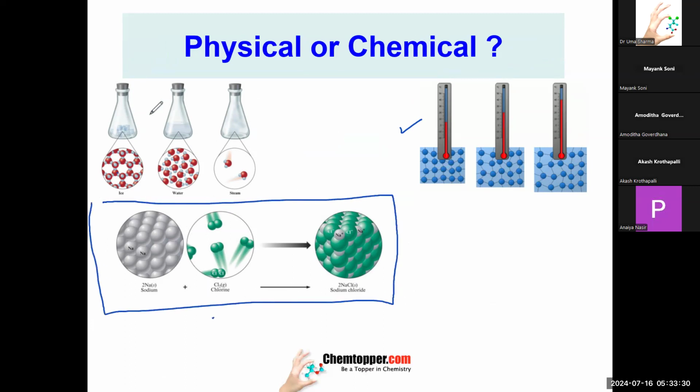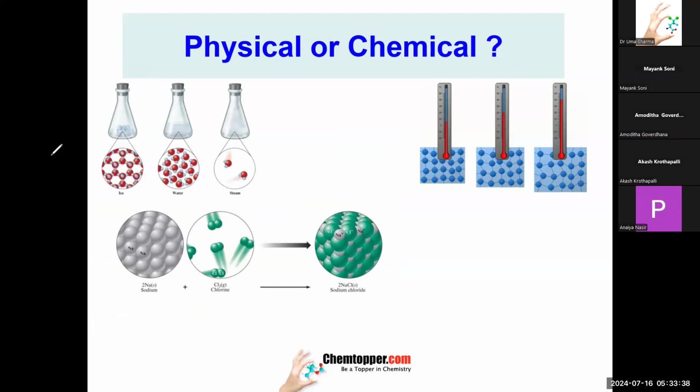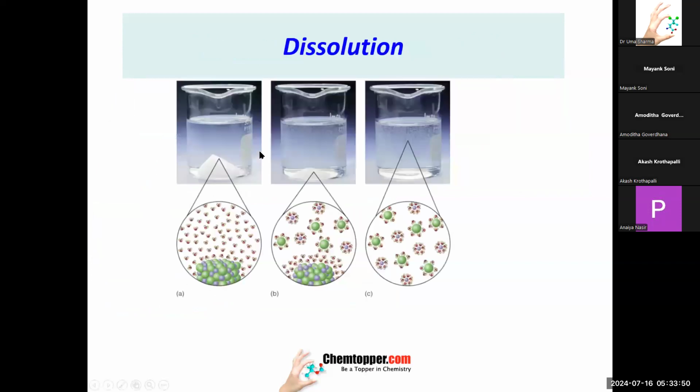It's a chemical change. This is a physical change, solid, liquid, gas. So these are very simple questions. But when you are going to do the quiz, you will learn more. So do the quiz, think very strongly and intensely there and try to answer the questions because there are different types of questions on physical and chemical changes.